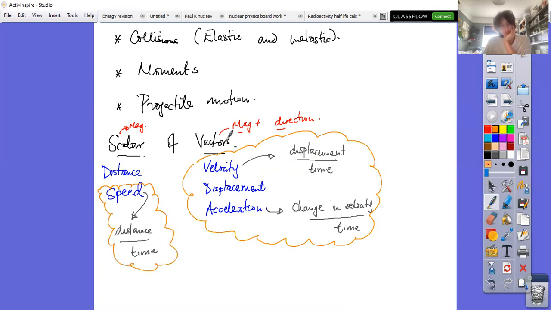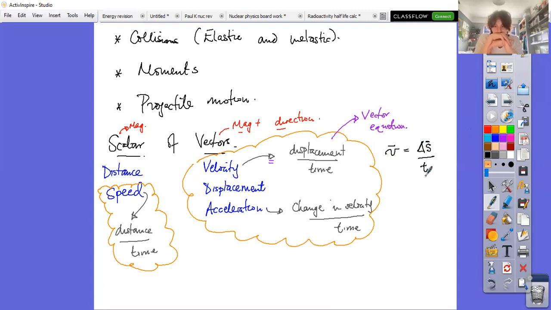Now, what's the key difference? This equation we've written here, velocity equals displacement over time, is a vector equation. Do you remember learning about vectors at GCSE in maths? Correct. Strictly speaking, if I was to write this formula, I would write v, to show it's a vector, equal to the change in displacement, delta s, which is a vector, divided by time.